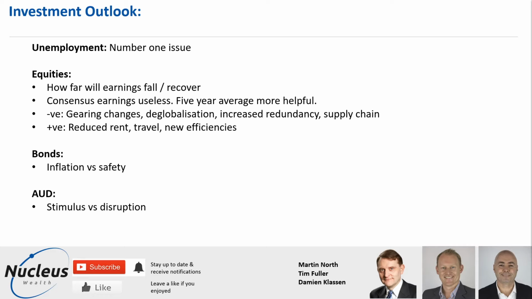So in terms of the three main asset classes we're looking at, equities. The issue at the moment is consensus earnings are completely useless. You haven't seen the downgrades. There's a lot of analysts who cover stocks who basically key in whatever the management have told them.